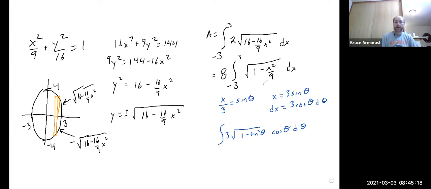I'm just looking at the thing that we have to integrate. So the 1 minus sine squared is a cosine squared. Its square root is cosine. So this is actually the same as the integral of 3 cosine squared. All right, so that's what this thing turns into when we do the trig sub.